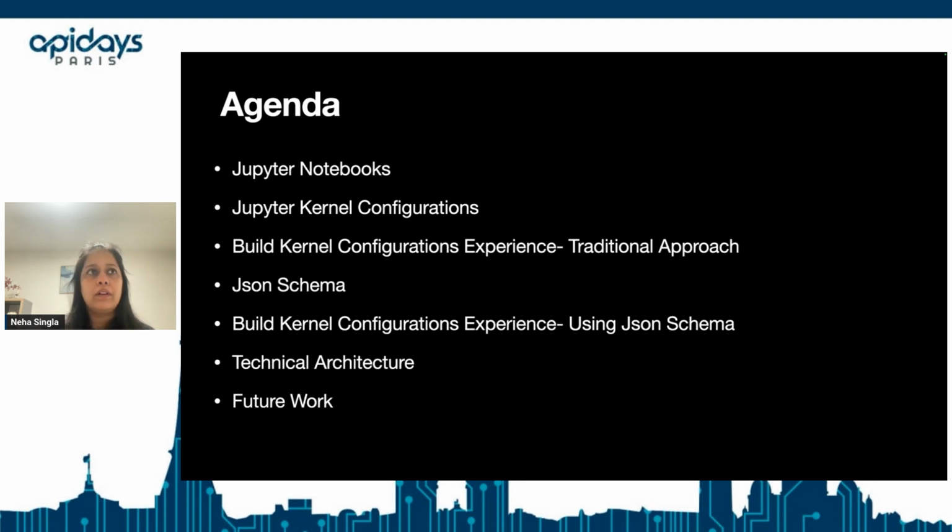We'll go over what it is like building a kernel configuration experience in the traditional approach. We'll go over JSON schema and how it is different to building a kernel configuration experience using JSON schema. Later, we'll dive deep into the technical architecture and then we'll explain our future work in this area.